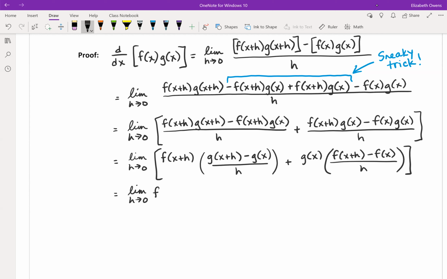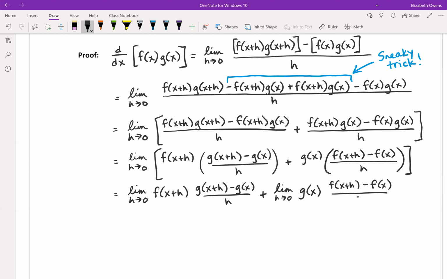So we've got our limit as h approaches 0, f of x plus h, times g of x plus h minus g of x over h, and then plus another limit as h approaches 0, g of x times f of x plus h minus f of x over h.